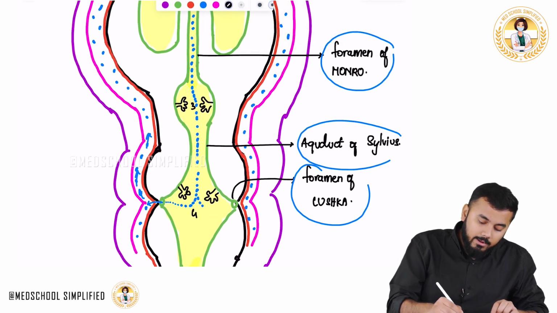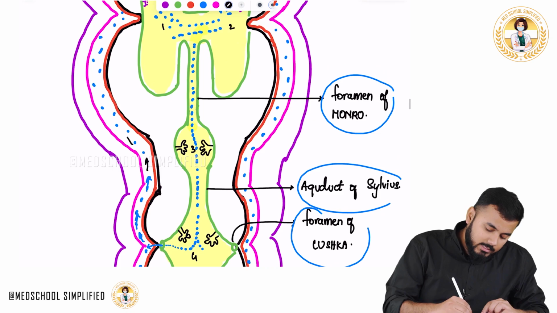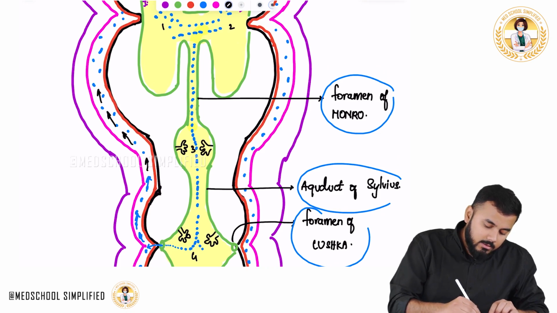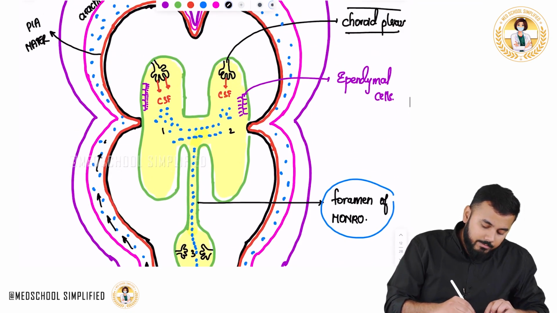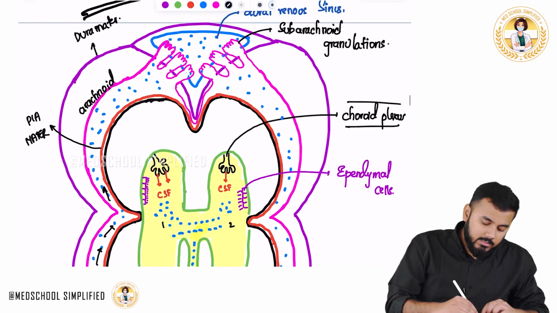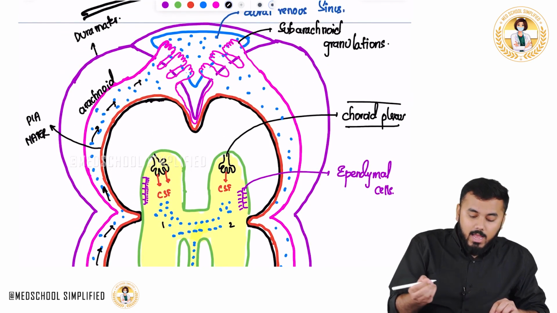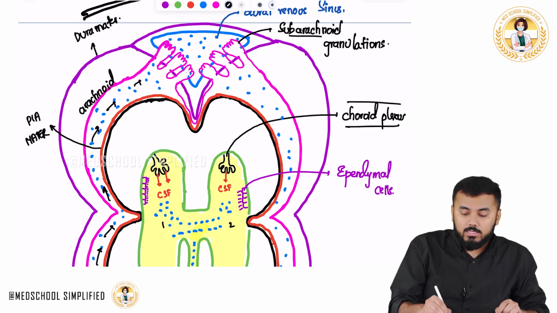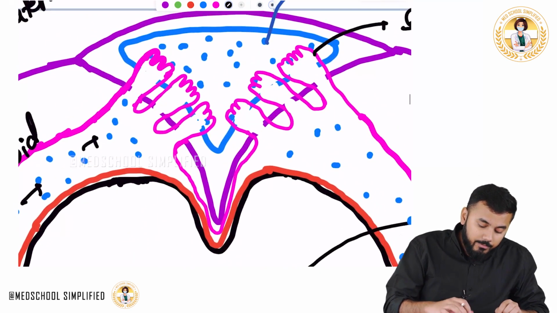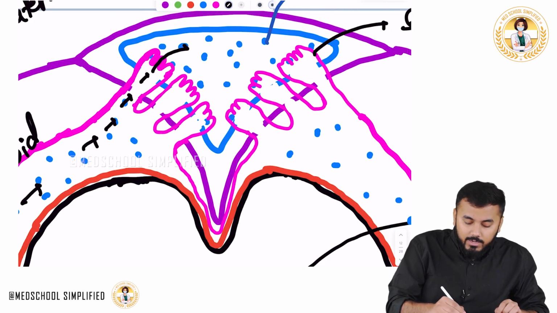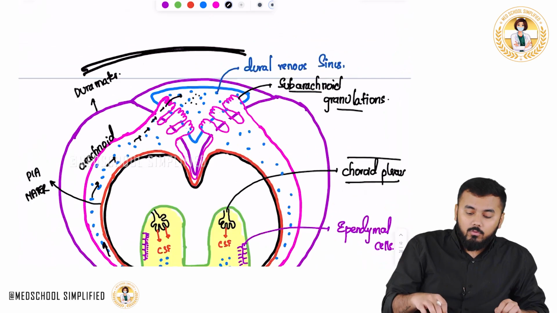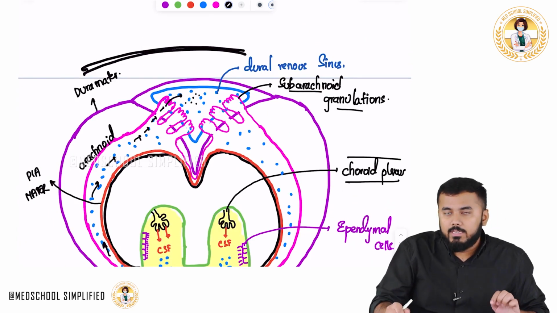And from the subarachnoid space, the CSF will travel upwards in this way. I am drawing it with the black. You see, the CSF is traveling up like this. And finally, I have already told you there are some structures called subarachnoid granulations. With the help of these subarachnoid granulations, the CSF will finally enter your dural venous sinus.